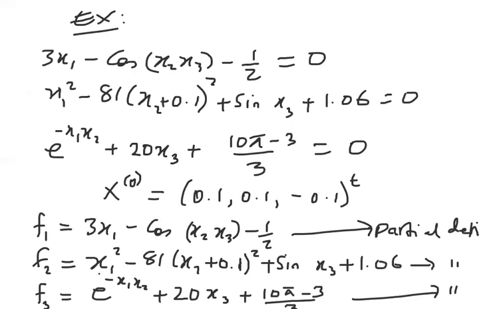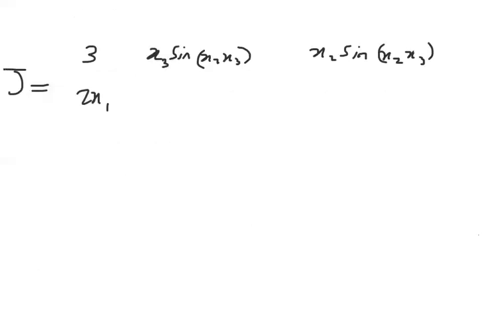So I'll just get 2 times negative 81, then open bracket x2 plus 0.1. So that's what I'm going to get here. So 2 times 81, I guess you'll be able to get negative 162, then x2 plus 0.1.